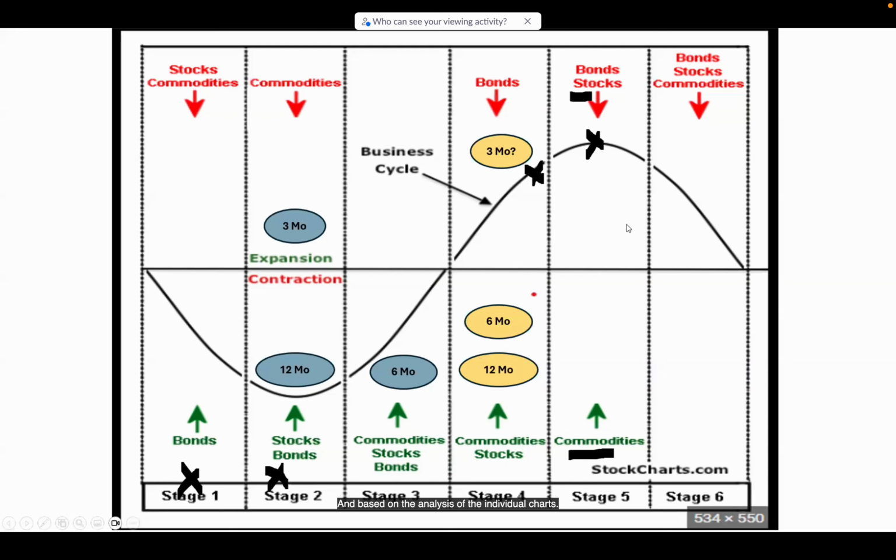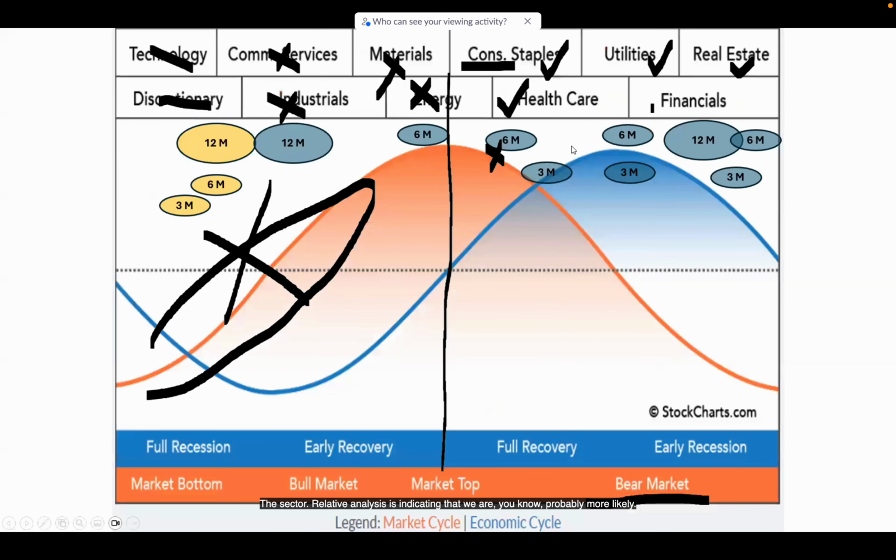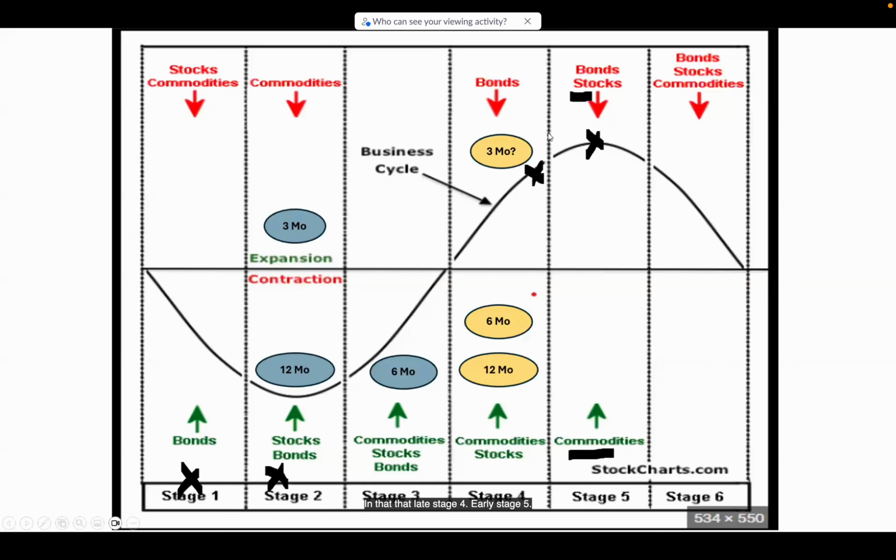And based on the analysis of the individual charts, I don't think that we're actually in a stage 2 or stage 3. Okay. The sector relative strength analysis is indicating that we are probably more likely in that late stage 4, early stage 5, which means that I need to pay closer attention to any uptrend breaks within the equity markets.